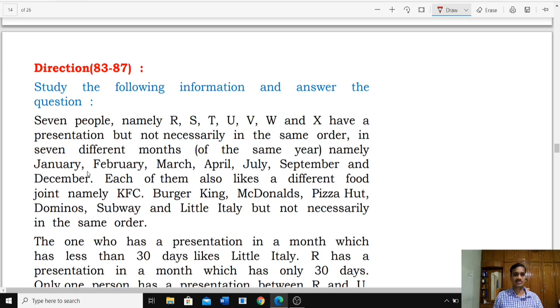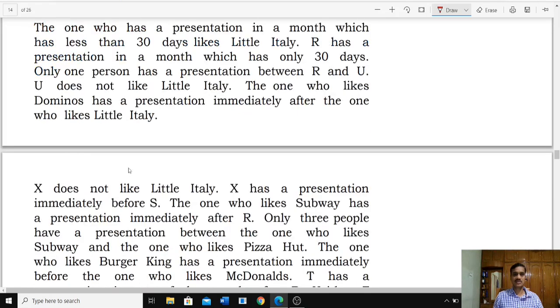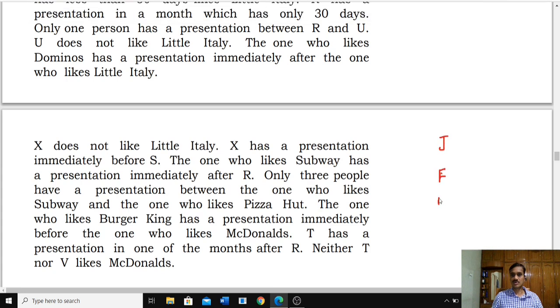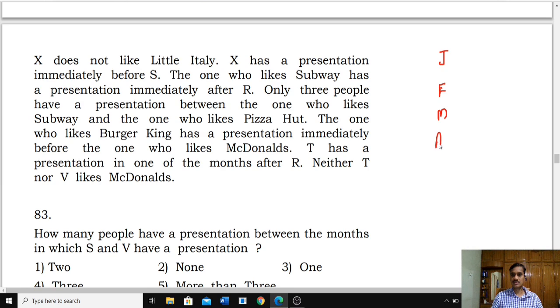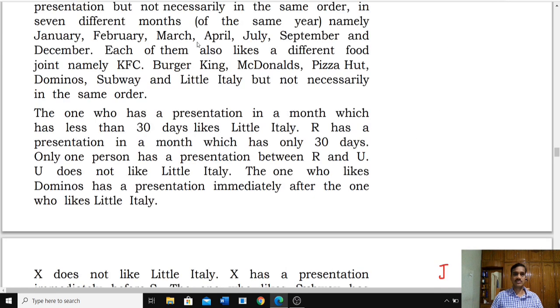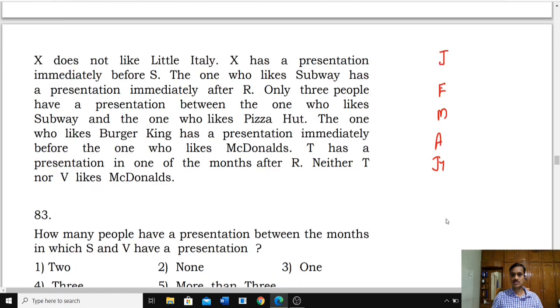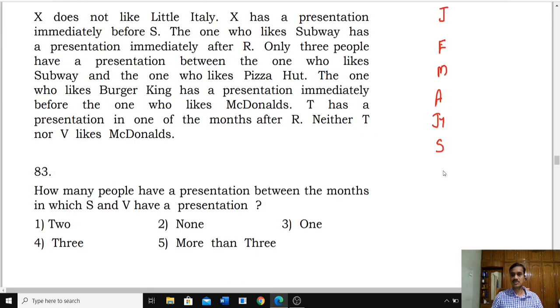First, let us write down the months. Jan, Feb, March, April, July, September, and December. 7 persons, 7 different months.